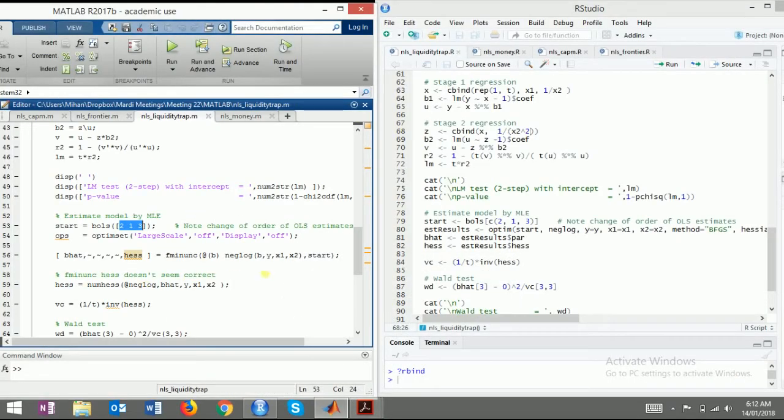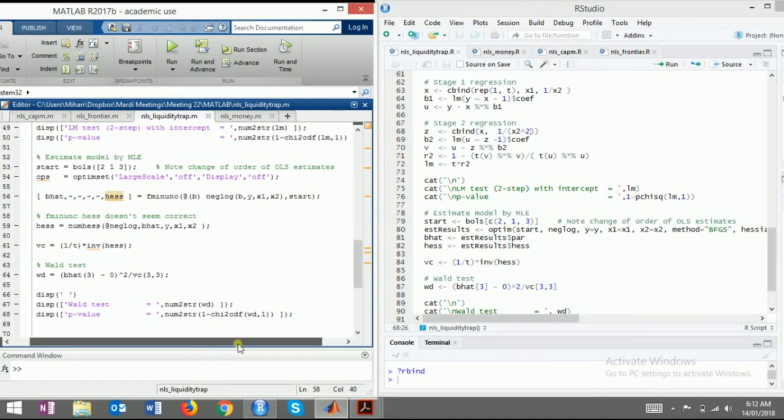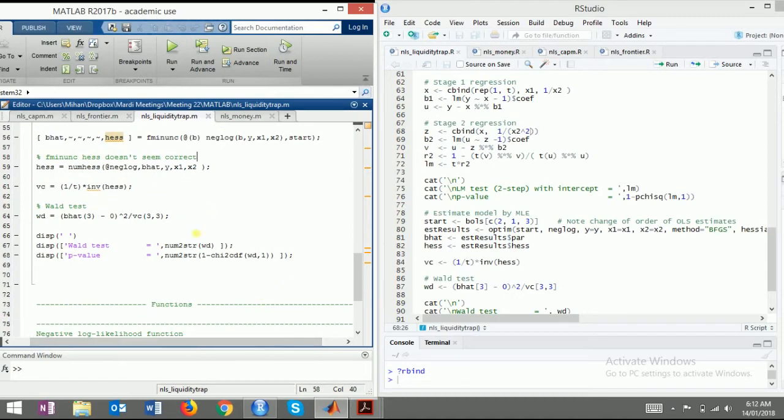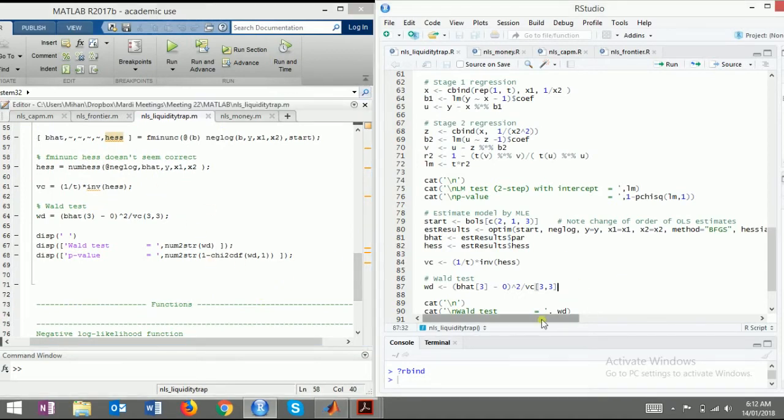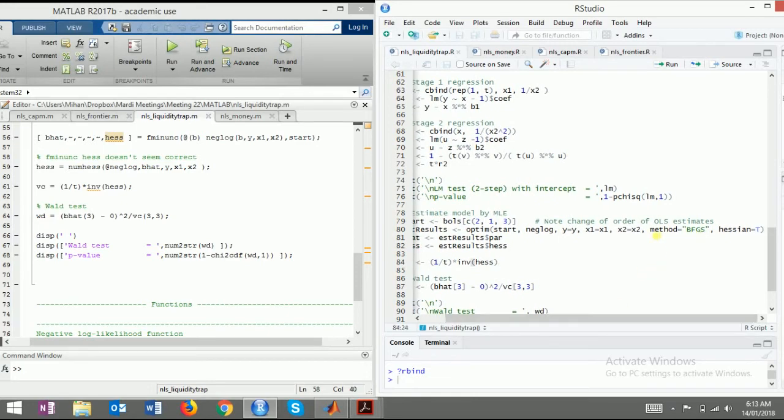And then just do what you regularly do, optimization. Hessian is also mentioned here. We are finding Hessian as well.